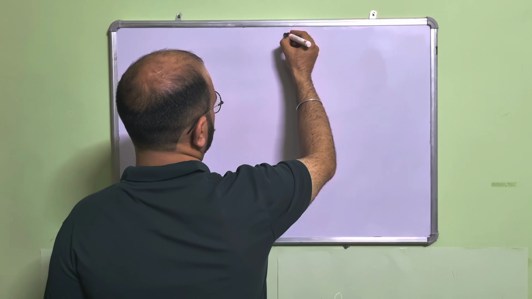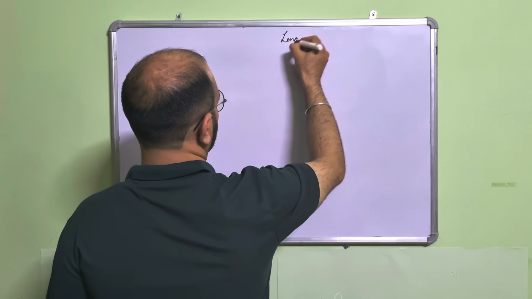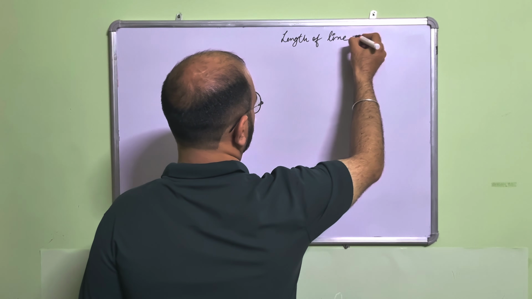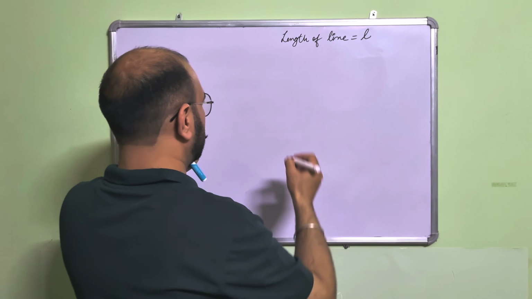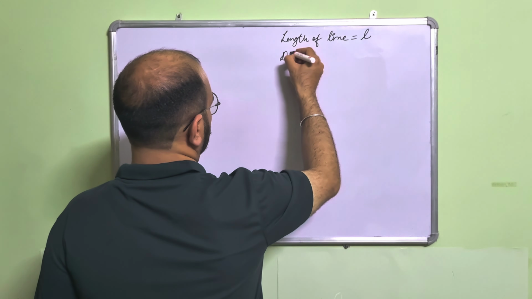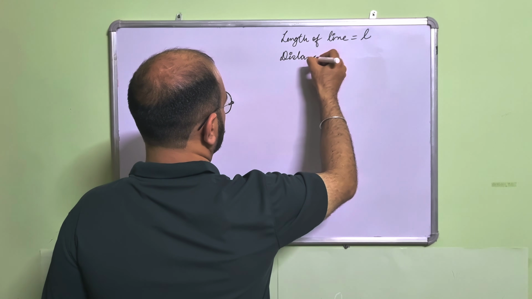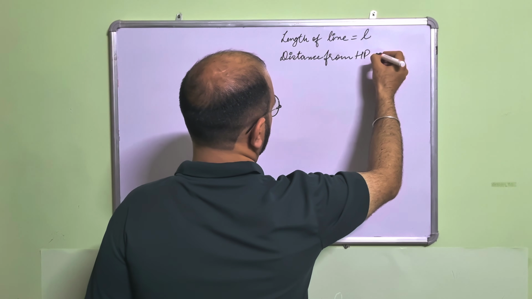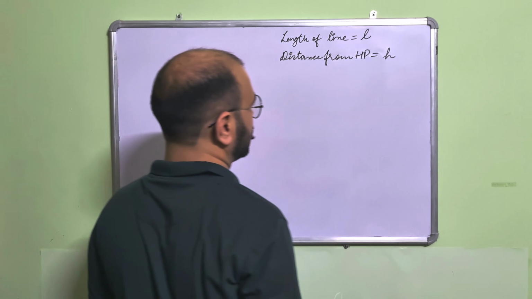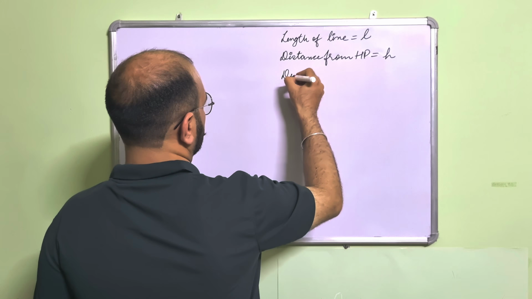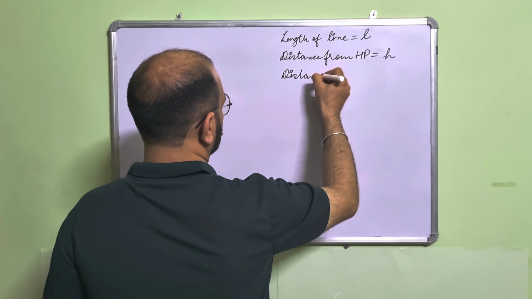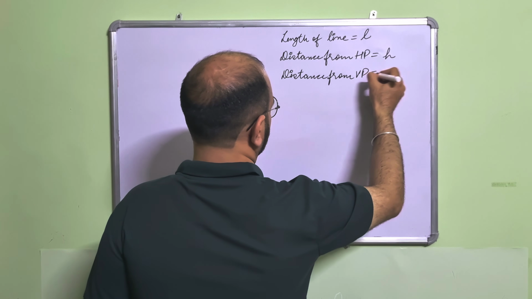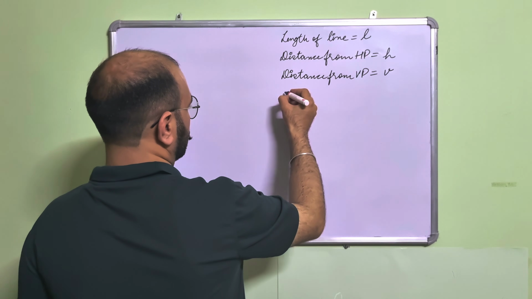First, let the length of line be represented by small l. Then distance from HP, let it be represented by small h. Distance from VP, let it be represented by small v.